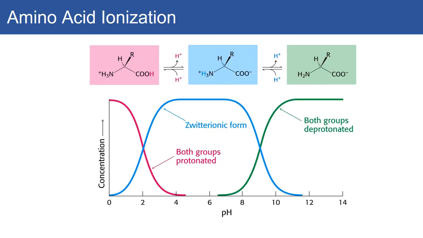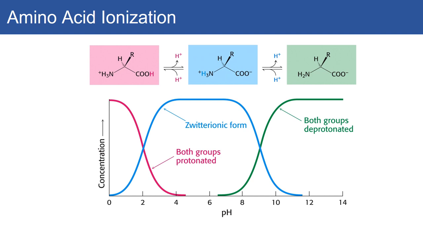This chart gives you an idea of how that works. As the pH goes up from 0 or 1, you're going to see less and less of the form shown in the pink box, the red box, and more and more of the zwitterionic form, which has no net charge. You'll see more and more in the blue.